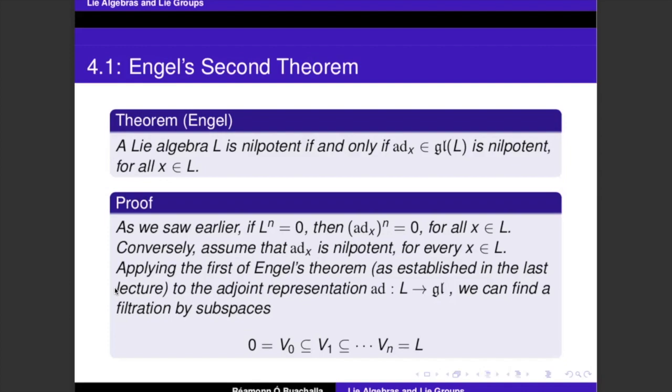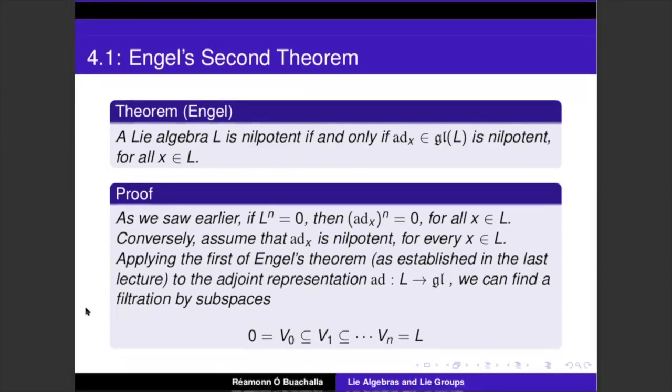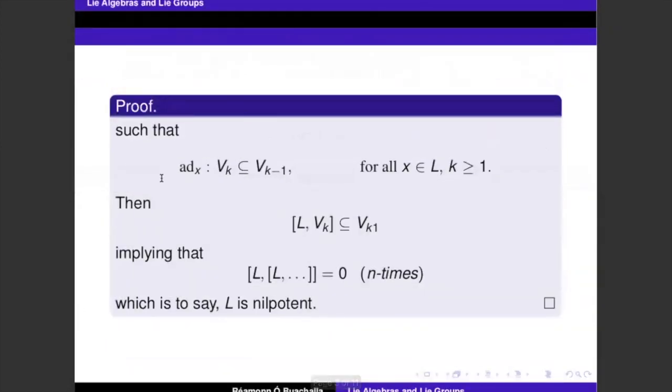Remember that this was one of the consequences of Engel's first theorem: we had a series of subspaces such that L acted to move you along the chain of inclusions, such that it brings the subspace V_k into V_{k-1}.